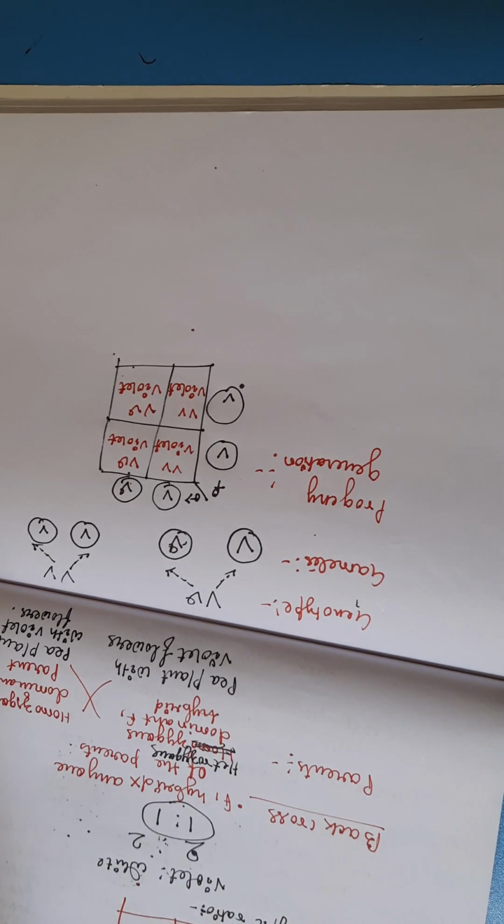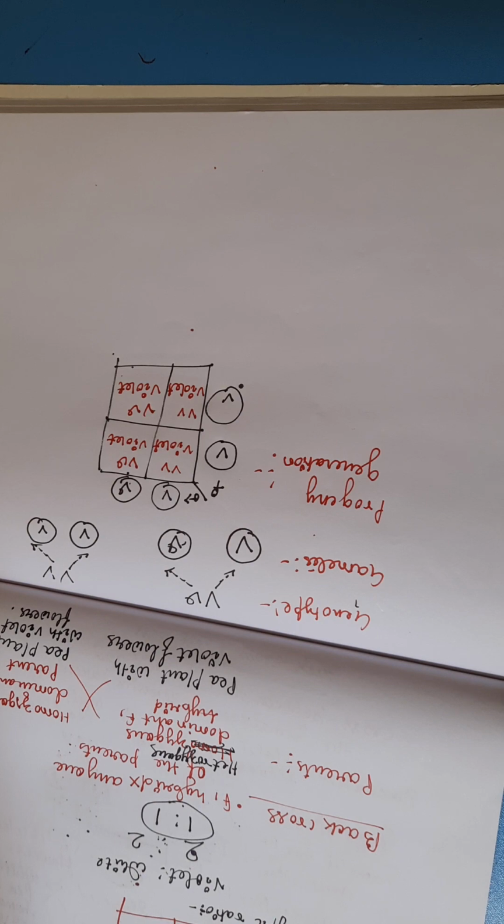So now I think I have made the concept of the back cross and the test cross clear to you. If I have given you the seed of a plant having capital V small v genotype and phenotypically expressing violet colored flowers, then if you carry out a test cross, the progeny hybrids will show you a 1:1 ratio for the trait.